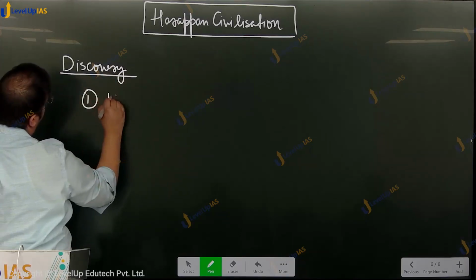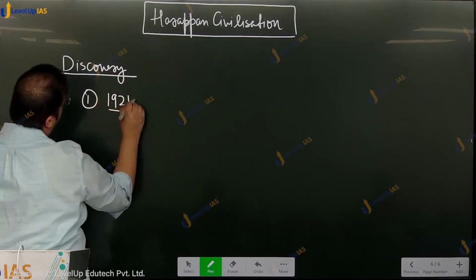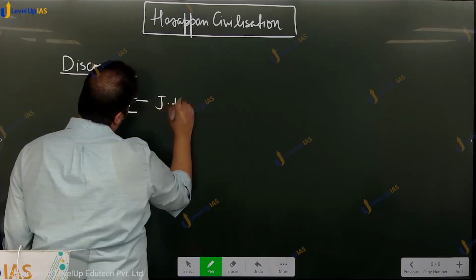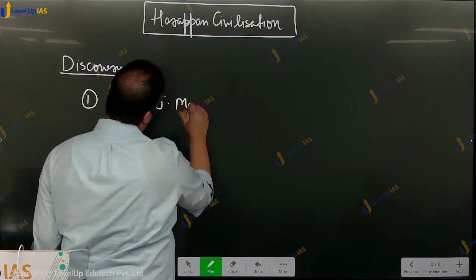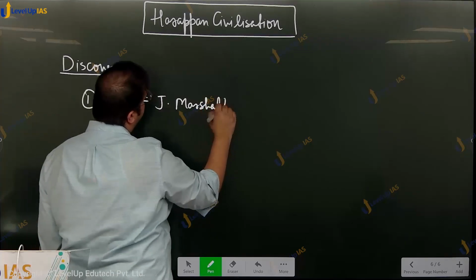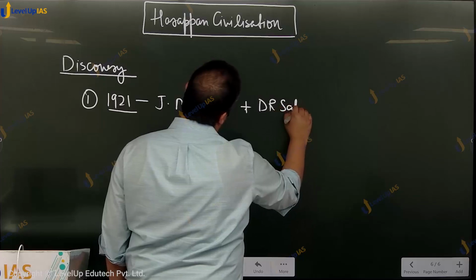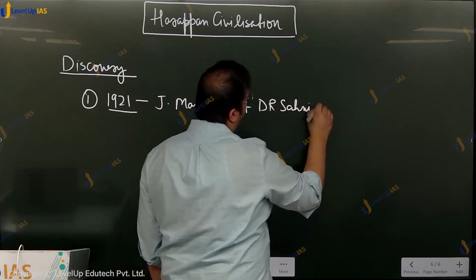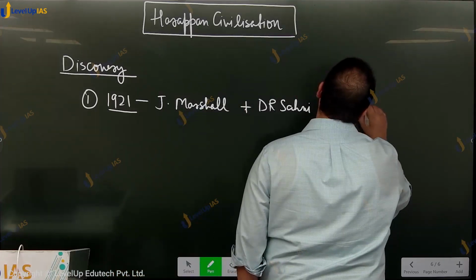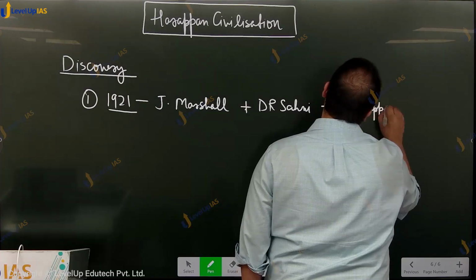Write down 1921: John Marshall and Dayaram Sahni excavated Harappa.